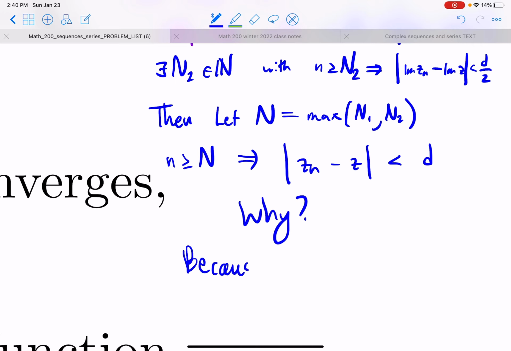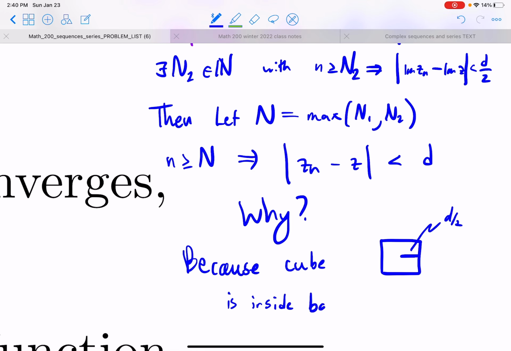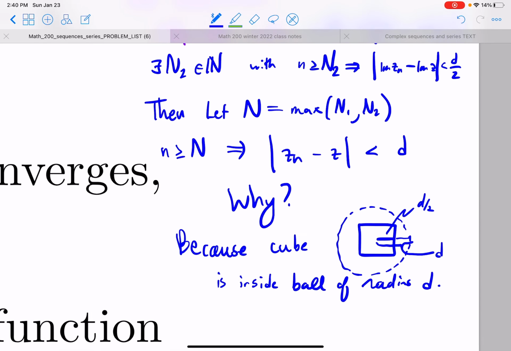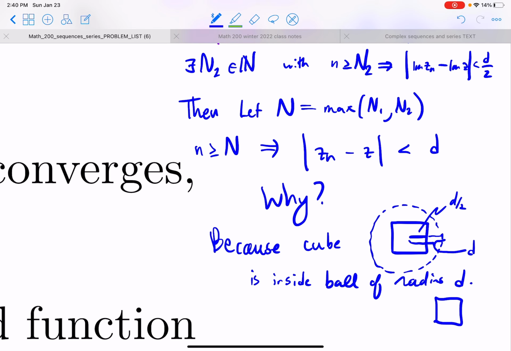Because the cube, where this is d over 2, is inside the ball of radius d. Namely, that's now radius d, so I make a ball. So that's d. Anyway, that's the end of my proof.